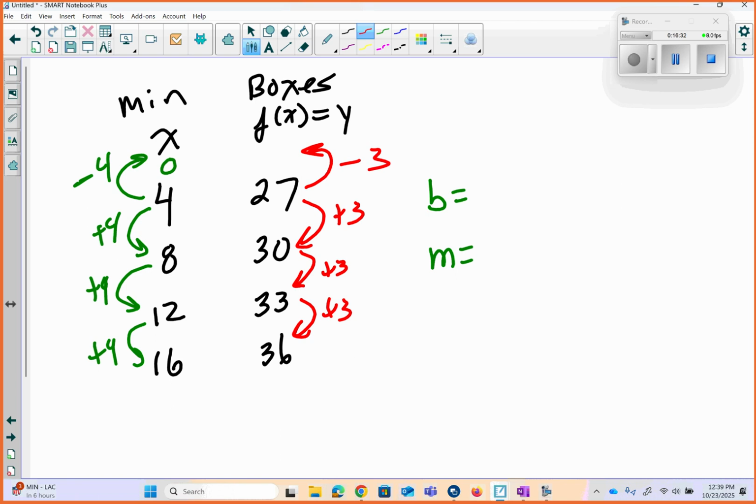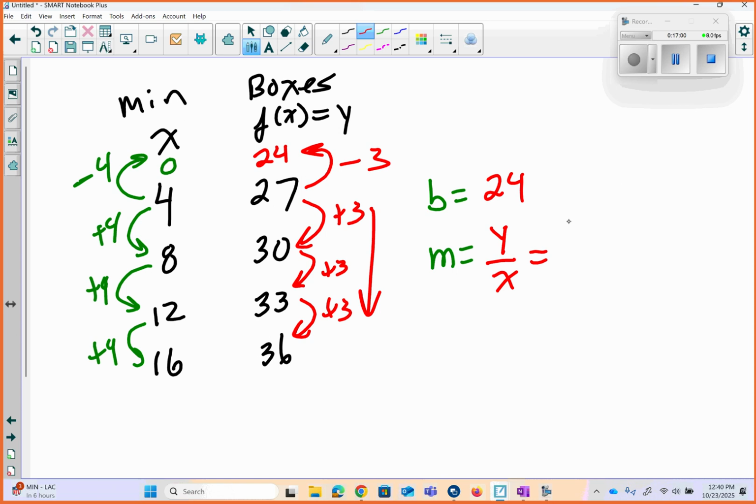And 27 subtract 3. 24. Okay, thank you. Friends, do I know the y-intercept at this point? Yes. What is it? It's red. And it's not one of the 3s. 24. Cool. And then my slope, we said the slope is y over x, right?